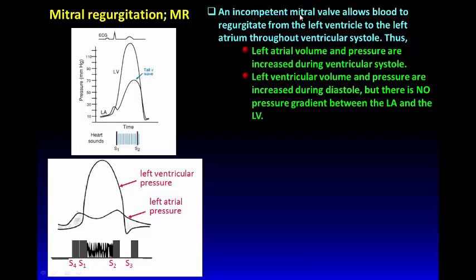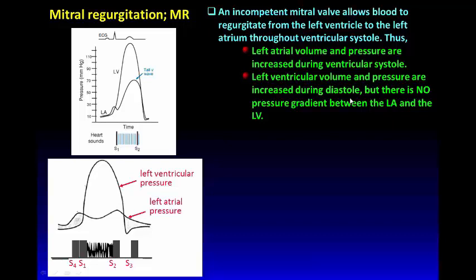An insufficient mitral valve allows blood to regurgitate from the left ventricle into the left atrium throughout ventricular systole. As a result, left atrial volume and pressure are increased during left ventricular systole. On the other hand, left ventricular volume and pressures are increased during diastole.